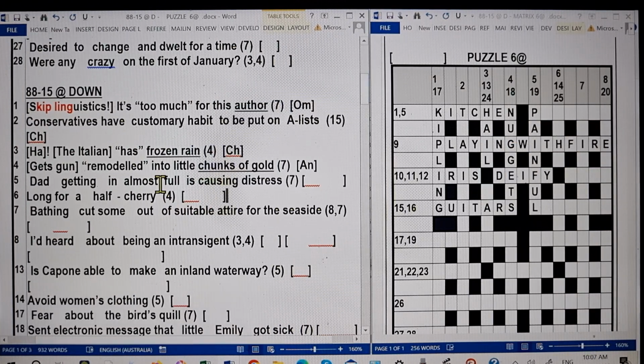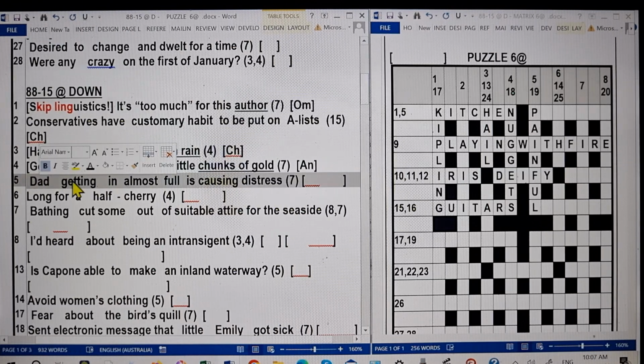Well, because it's not dad, it's going to be pa. That's the thing, it's pa. You've got to think of synonyms very often. And almost full means not the whole word, only part of it. Means take out one of the L's. So you get painful with a F-U-L. And there's the whole story.